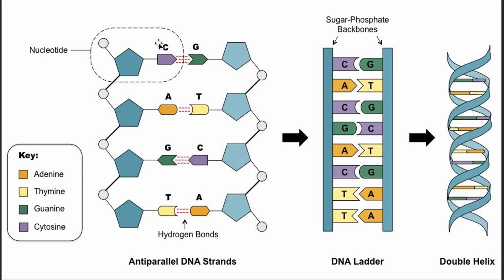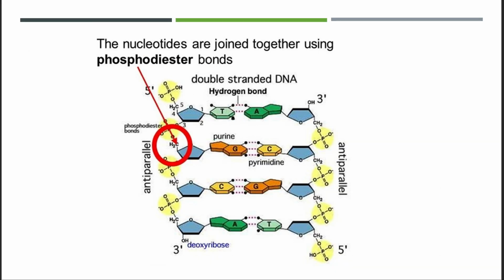As we see in the picture, the 2 polynucleotide strands are bound together via hydrogen bonds. Looking at this picture, we clearly understand that the nitrogen bases are projecting inside, whereas the phosphate groups and the sugar moieties are found outside.